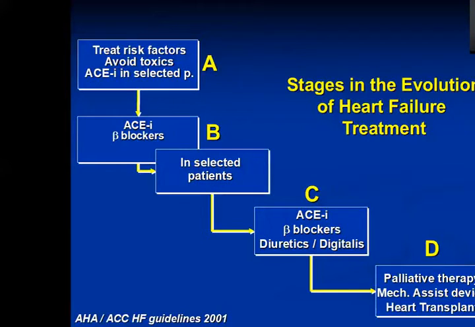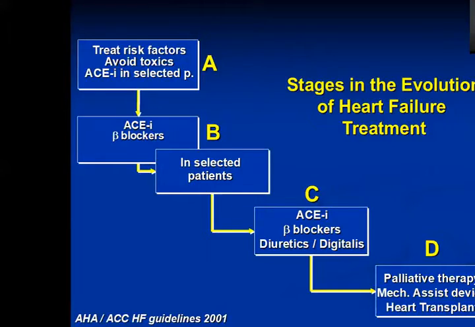These are the management strategies at different stages of heart failure. Stage A: treat risk factors, avoid toxins, ACE inhibitor in selected patients. Stage B: ACE inhibitor, beta blocker. Stage C: ACE inhibitor, beta blocker, diuretic, digoxin, and now you have additional management strategies as well, which I'll discuss at the end.